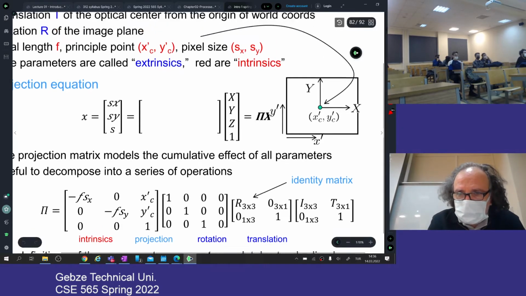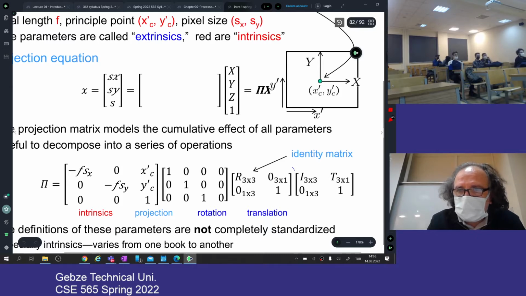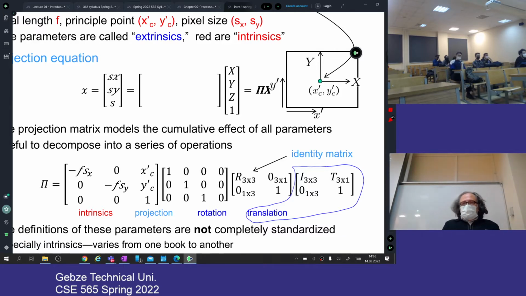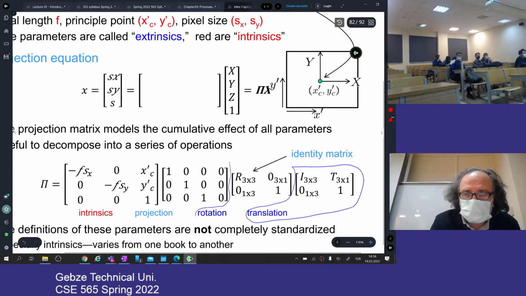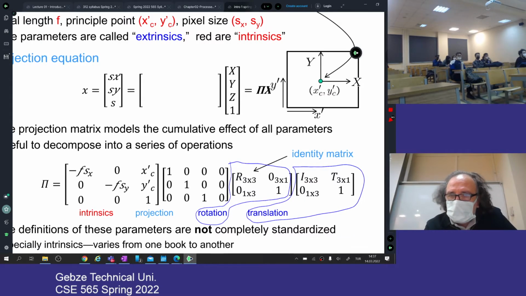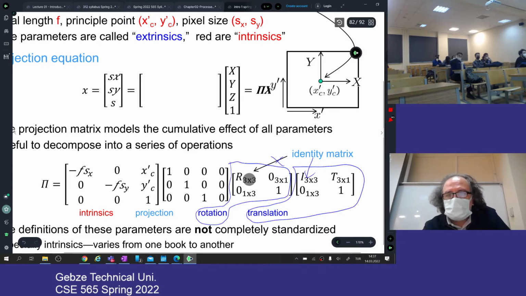This is a translation vector that tells us where our camera is in the real world, how much I am shifted from the origin of the real world, and what is my rotation with respect to the real world. Remember, this is a 3 by 3 matrix. Well, this is not identity. Identity is this one. So this is not correct. So this is a rotation matrix.